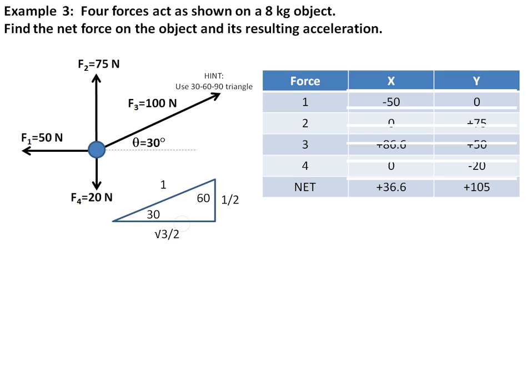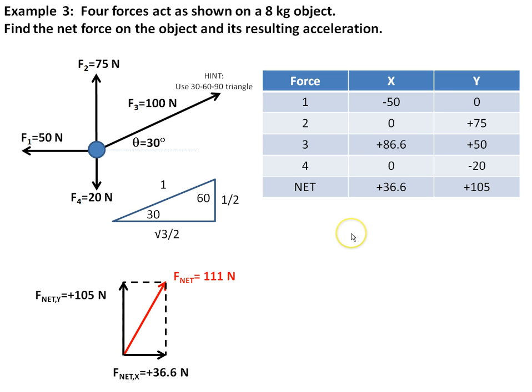Okay, and here we go. Your table should have values that look something like this. Pay especially careful attention to force number 3. It's 86.6 newtons in the positive x direction, and it's 50 newtons in the upwards direction. Okay, that was what you got from the special triangles.